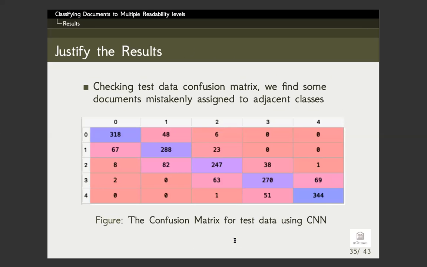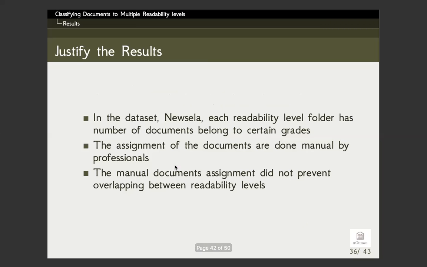To justify our results, why did we get this accuracy only? We checked the confusion matrix for the test data, and we found that there are many documents mistakenly assigned to adjacent classes, like here, 82 documents were confused between level 1 and level 2.